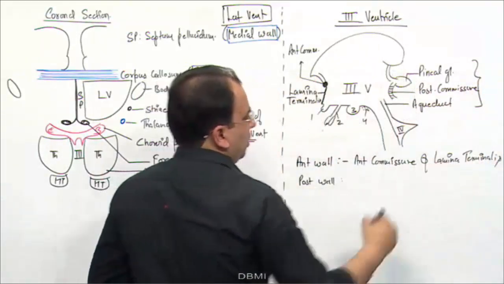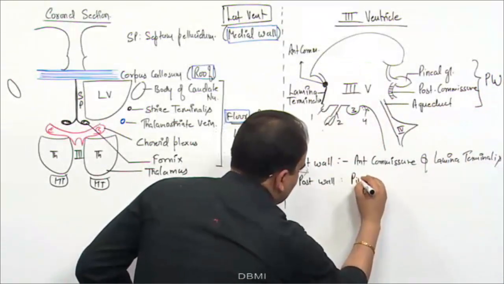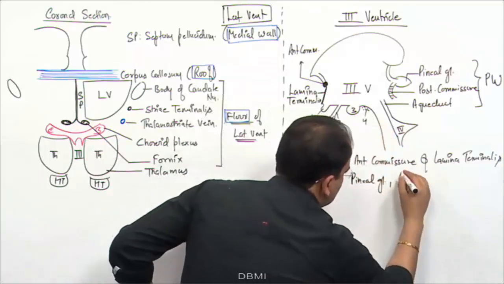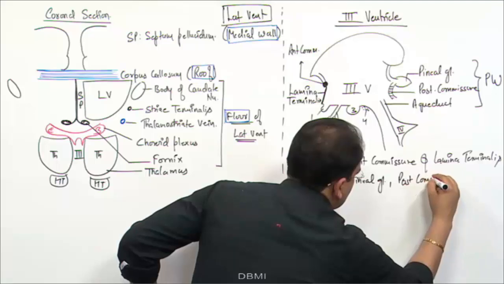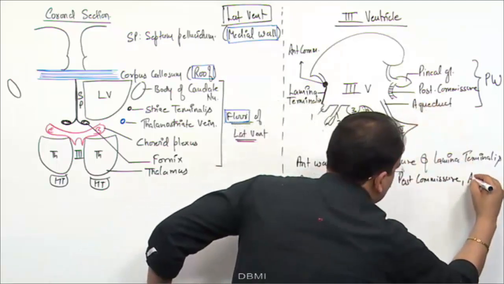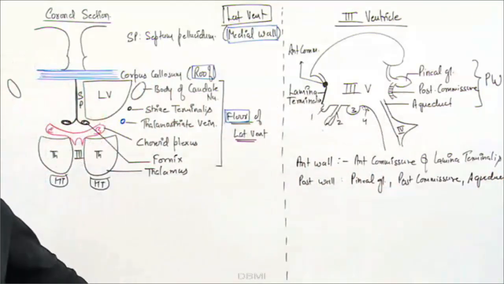This is the posterior wall. Posterior wall is by pineal gland. In the inferior lamina of the pineal gland we have posterior commissure, and below this we can see the aqueduct. So all these things are forming the posterior wall of third ventricle.